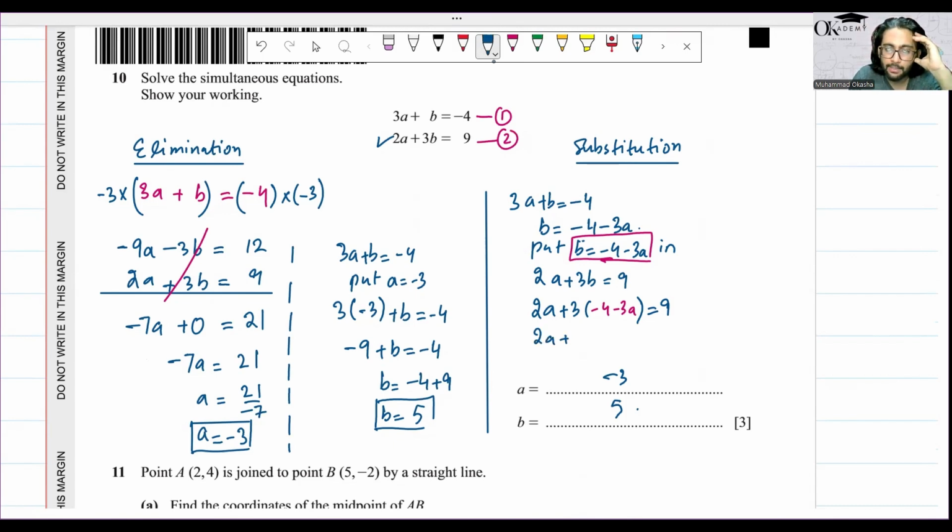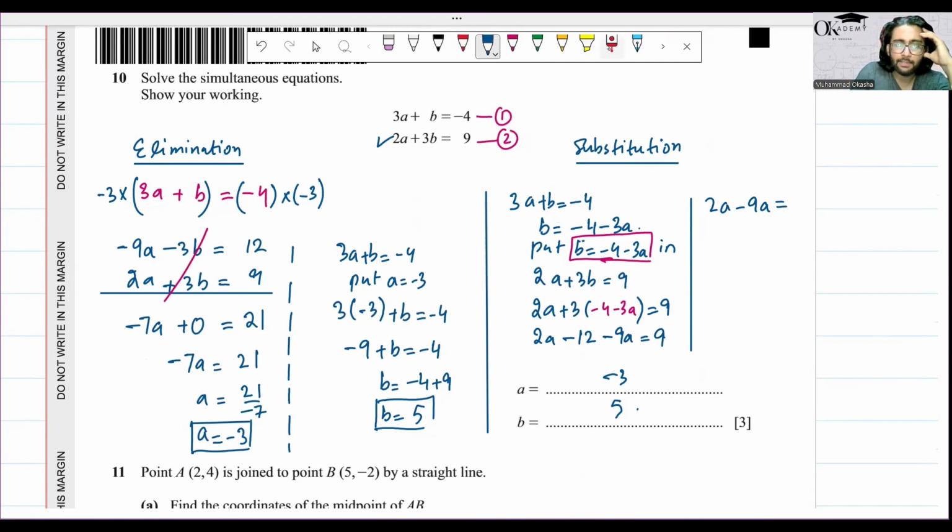So 2a plus 3 times negative 4, I think it's negative 12, right? Negative 12, negative 9a equals 9. Okay. 2a minus 9a, I think it's negative 7a. Should I do it properly? 2a minus 9a.